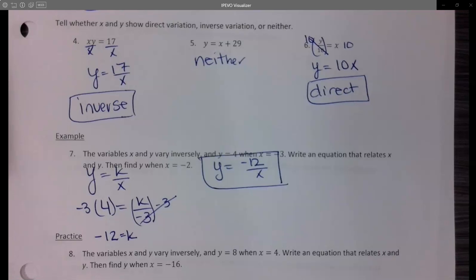Then I need to find the value of y when x equals negative 2. So I am going to plug into this equation.